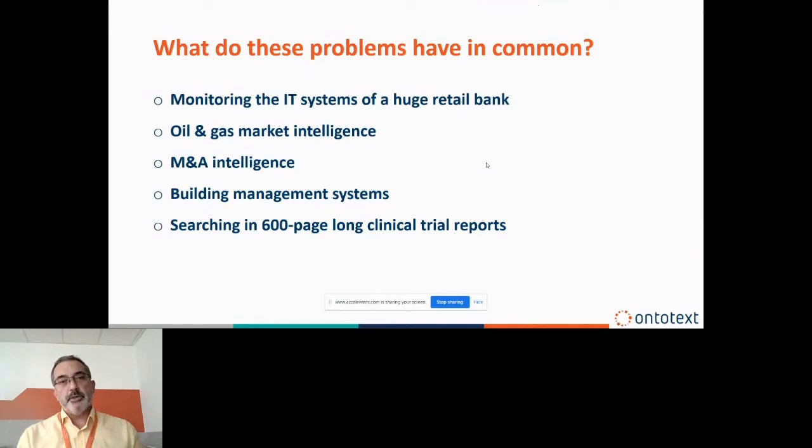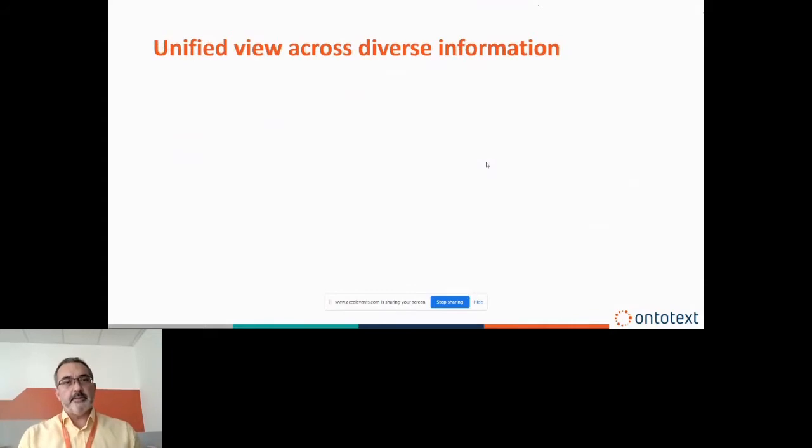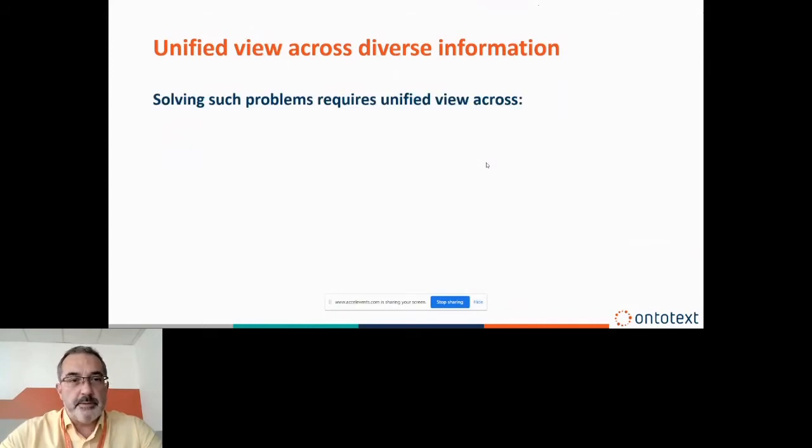What all these problems have in common is that they are a good target, and we've been successful in addressing these problems with technology based on knowledge graphs. In all these cases, you need some sort of unified view across different types of information.